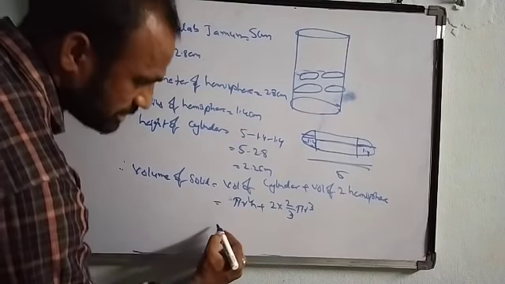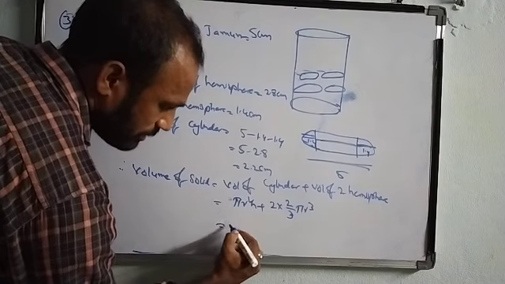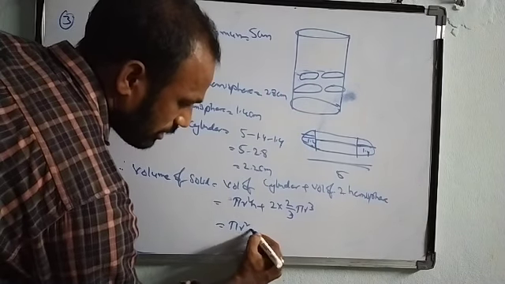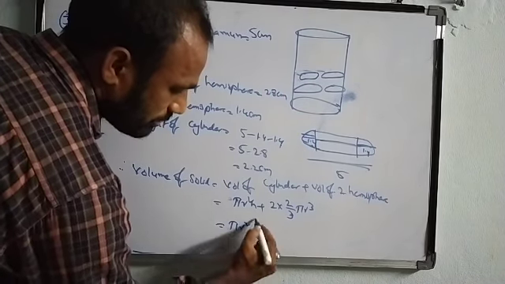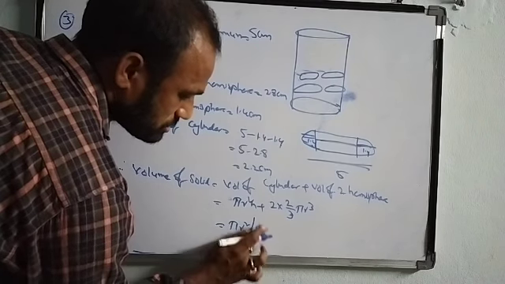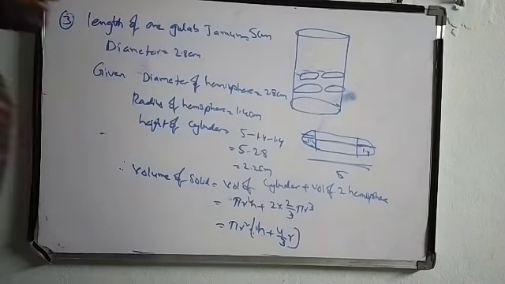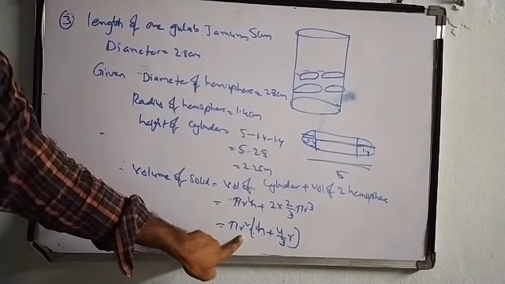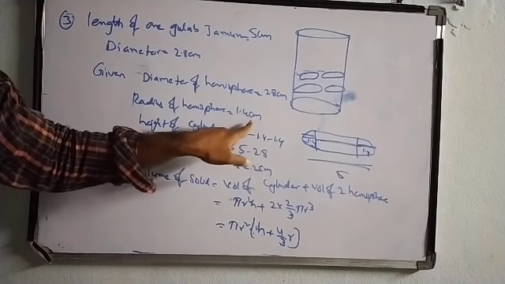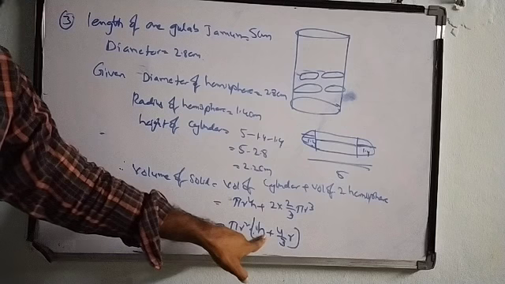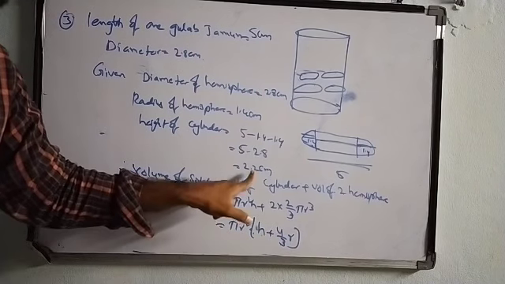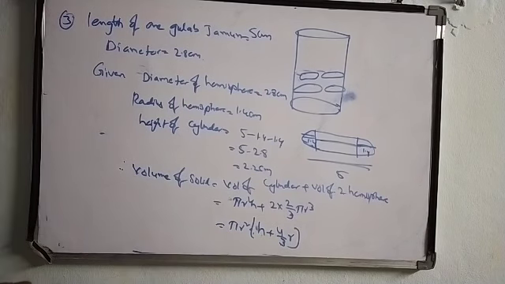So since radius is the same in both the cases, we can take pi r square common, and in the brackets we can put h plus 4 by 3 r. So in place of radius you need to substitute 1.4 and height is 2.2 and here radius is 1.4.